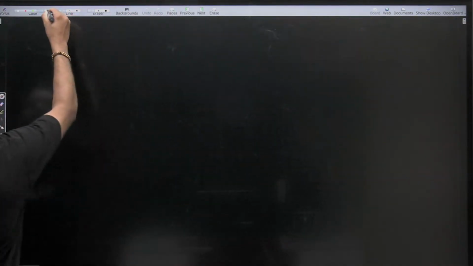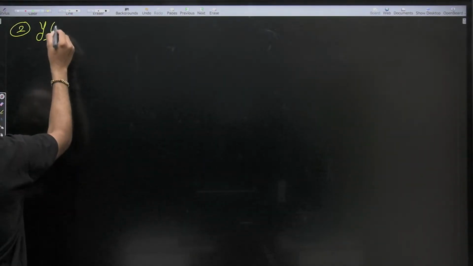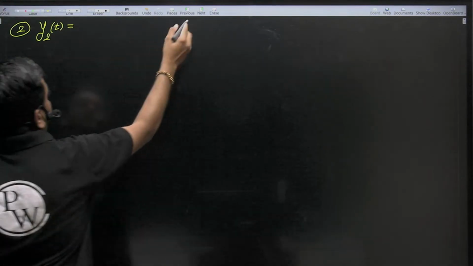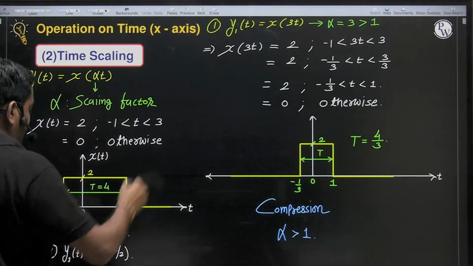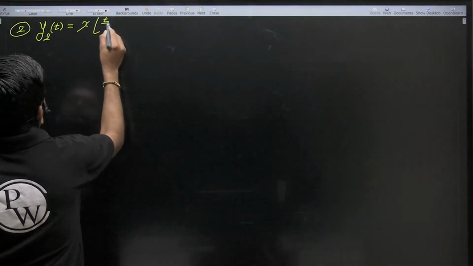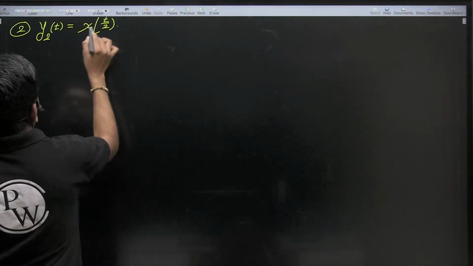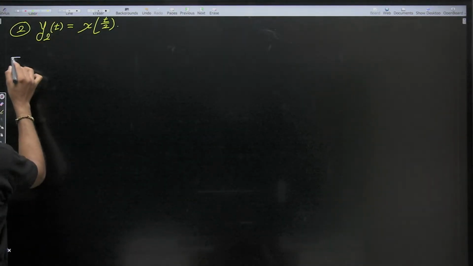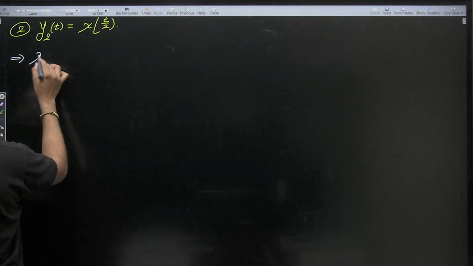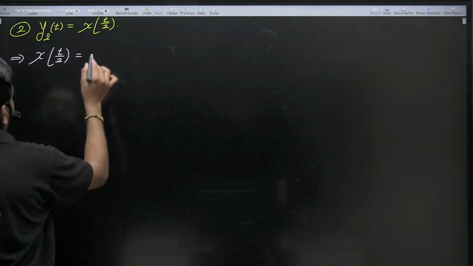Now the second case. y2 of t is equal to x of t by 2, guys. So x of t divided by 2, and the amplitude is 2.